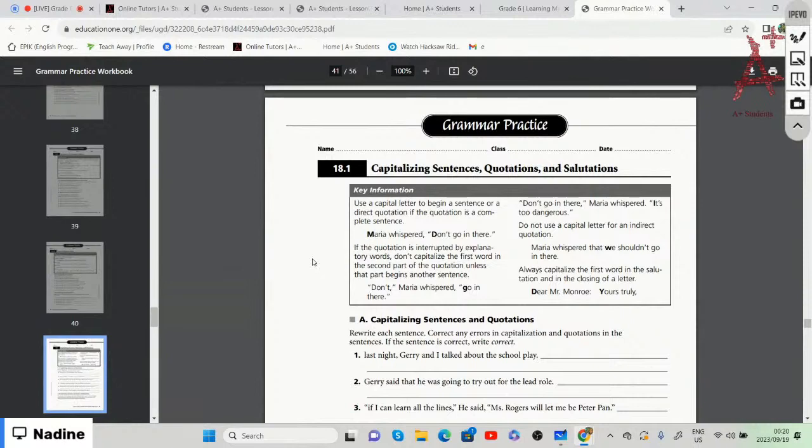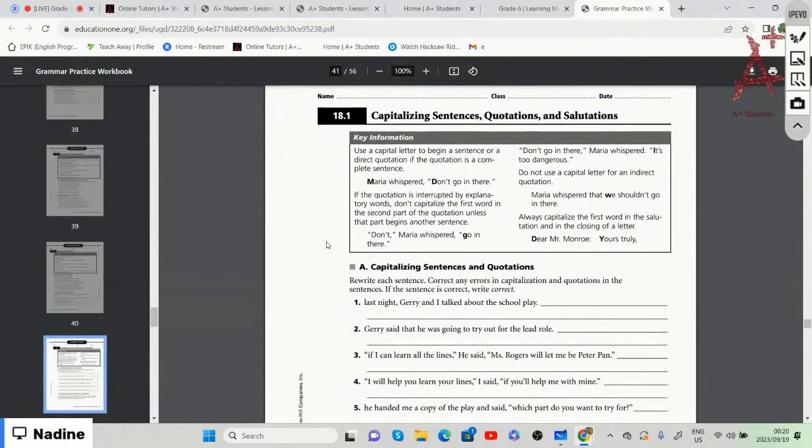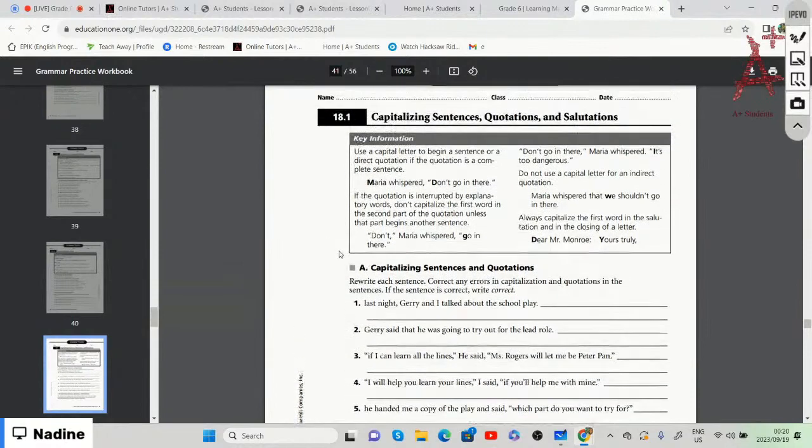All right, so now if we look at an example: Maria whispered, "Don't go in there."